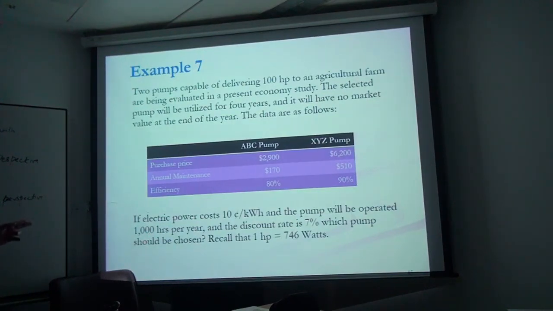Not 4,000 hours, 1,000 hours per year for 4 years. And now we have a 7% discount rate. Okay, now find out which pump is better.